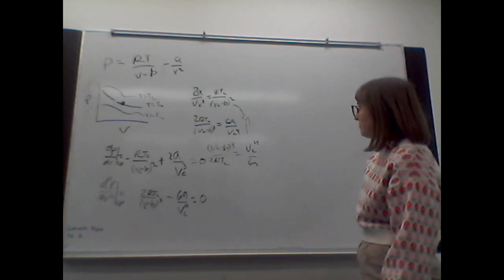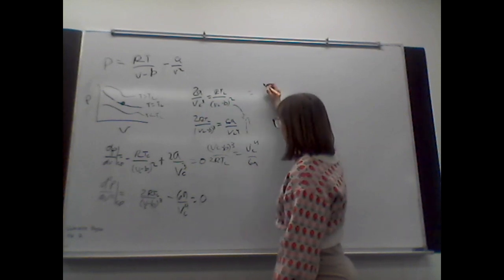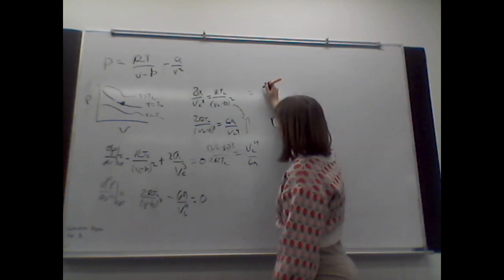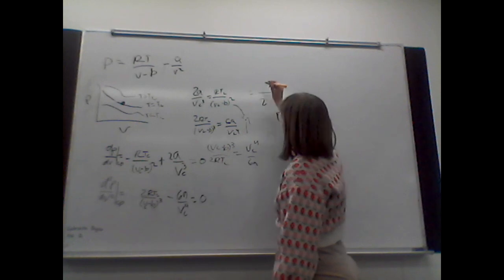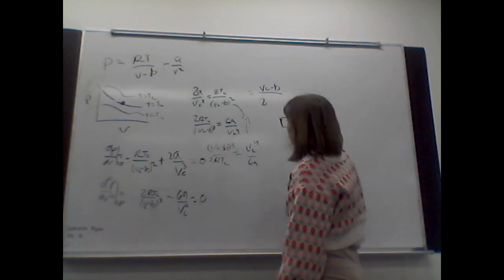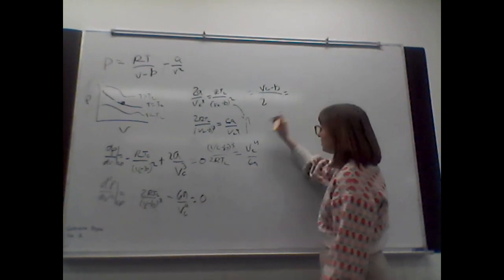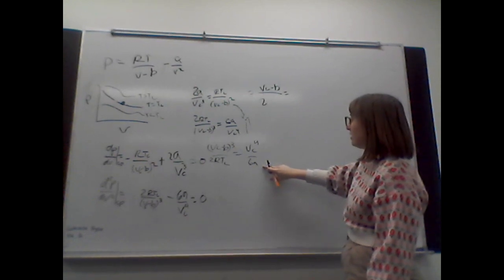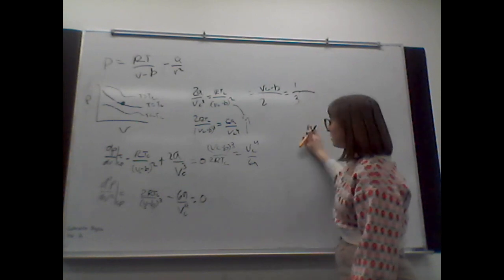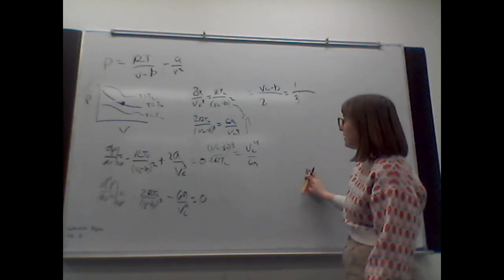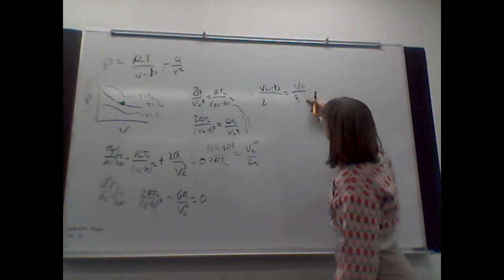So the first thing is RTC is going to cancel out, so you're going to get 1. You're going to get 2 at the bottom. This is just going to be VC minus B. This is 2. Next, you have 2A, so the A's cancel out, so you just get 1 over 3, and then you have a VC at the top. So this is just VC over 3.